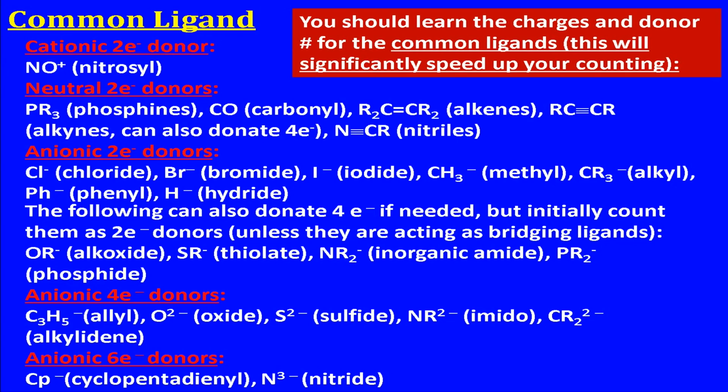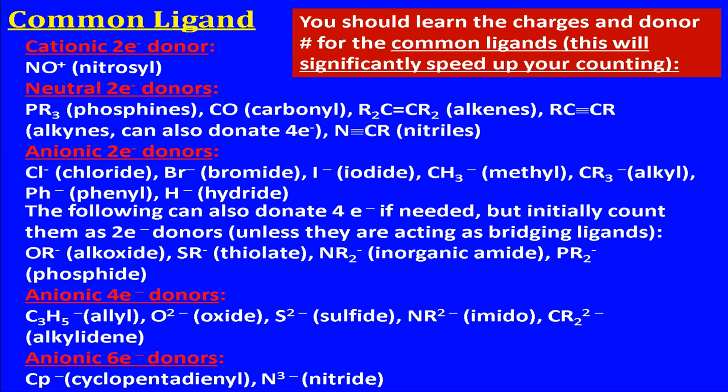We have anionic 2 electron donor ligands such as halides, methyl, alkyl, phenyl, hydride. Some of these ligands may donate 4 electrons if needed. We will see in the examples.